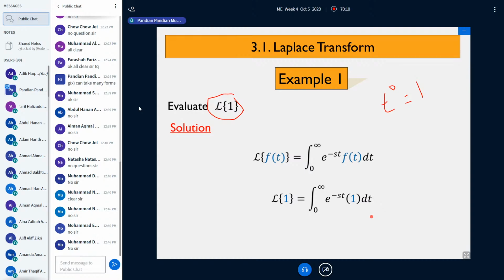So how do we integrate? Laplace of 1, the left-hand side, the answer is the integral from 0 to infinity of e minus st multiplied by 1 dt. So you have to integrate this.